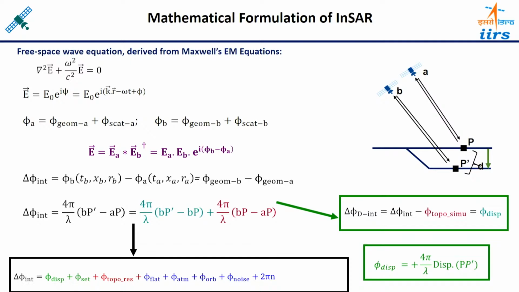So from this equation you can say there are so many applications of interferometry. One is atmospheric modeling, another is topographic mapping, another is deformation mapping or deformation analysis, and for deformation so many things we are considering simultaneously. This way you can understand the potential of SAR interferometry.